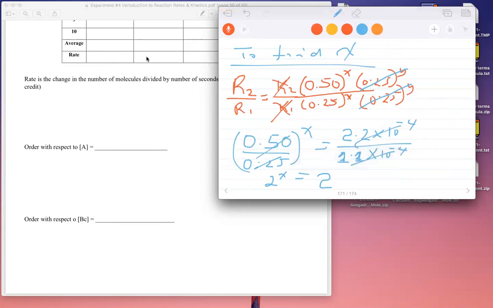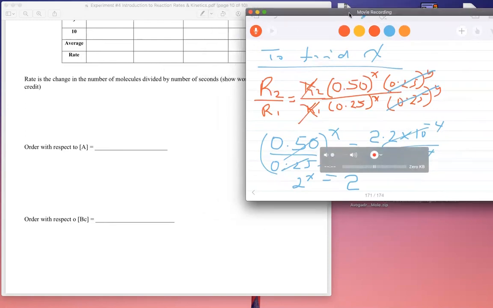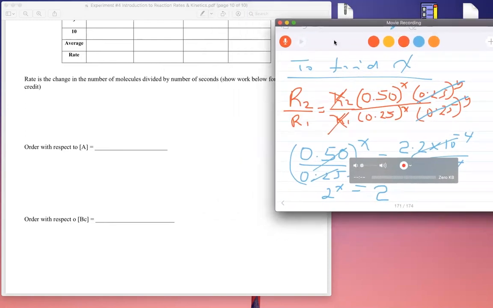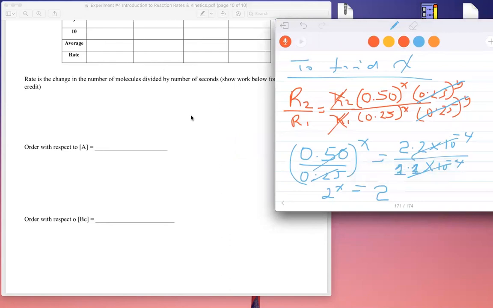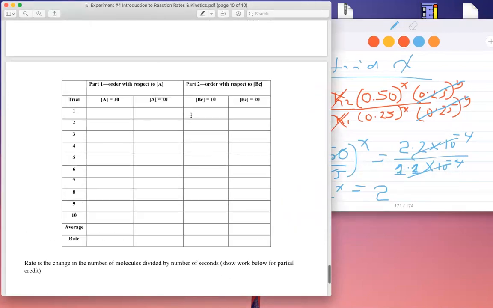And here is the average time. The rate of reaction is the concentration over time. So let's see how you're going to collect the data here first before I walk you through it. You will fill in the table right here for part 1, part 2 from the simulation.